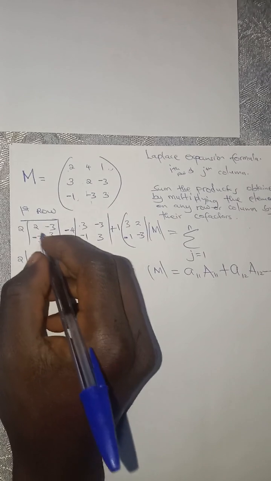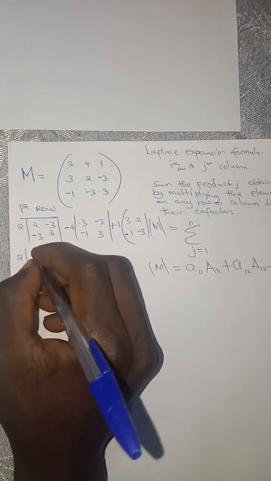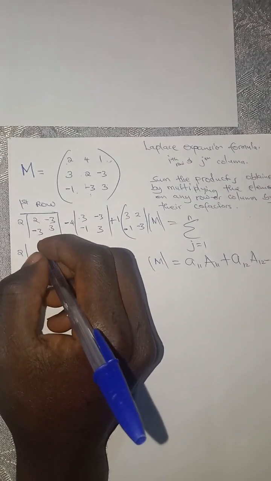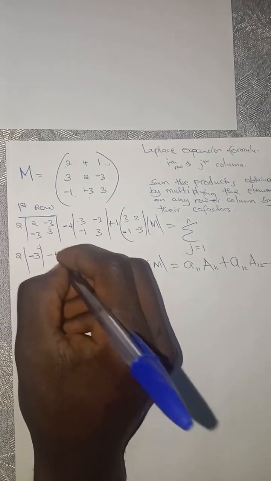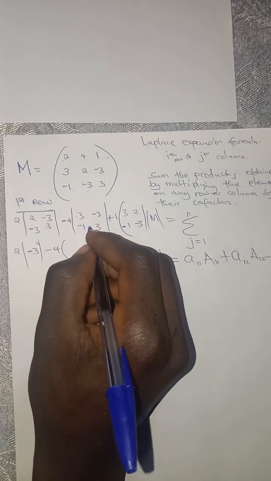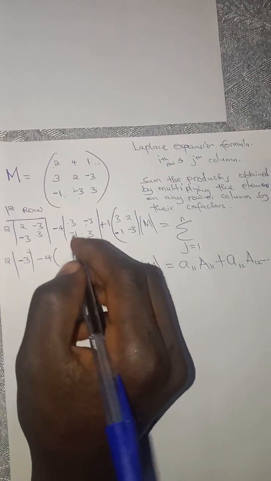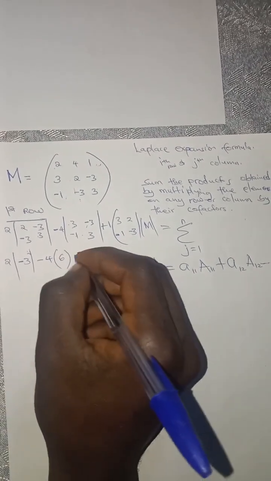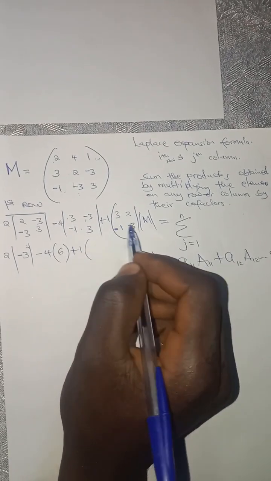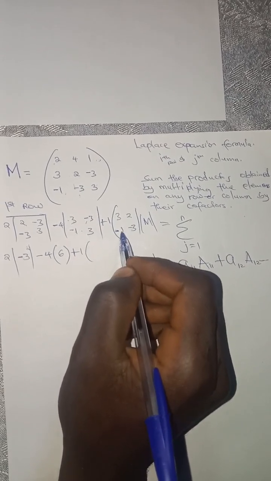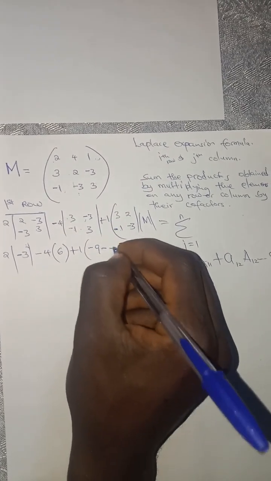Let us try to solve. 2 into: 6 multiplied by 2 multiplied by 3 is 6, -3 by -3 is 9, 6 minus 9 is -3. Minus 4 into: 3 multiplied by 3 is 9, -1 multiplied by 3 is 3, 9 minus 3 is 6. Plus 1 into: 3 multiplied by -3 is -9, minus -1 multiplied by -2 is -2, so it will be -9 minus 2.